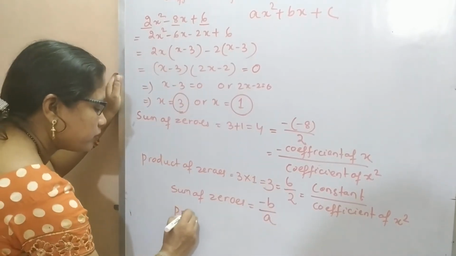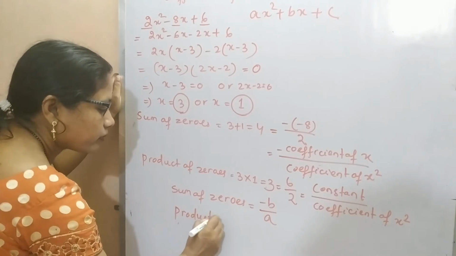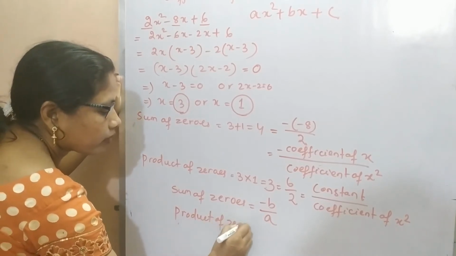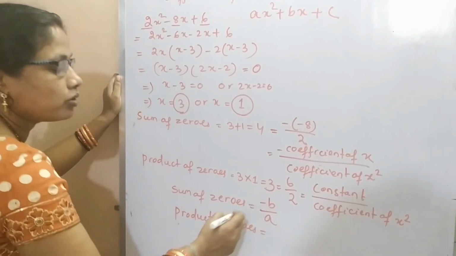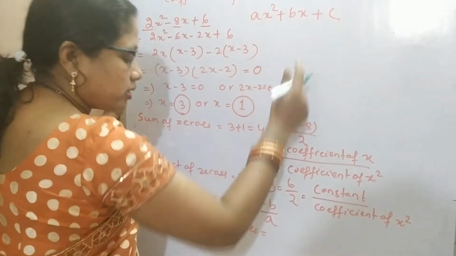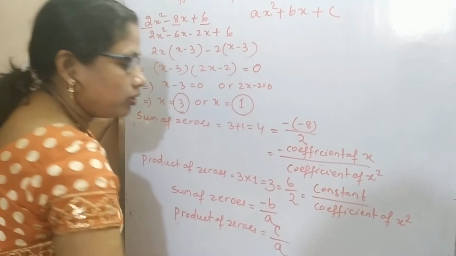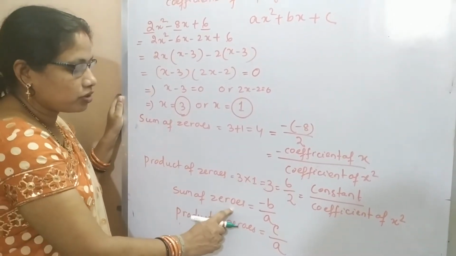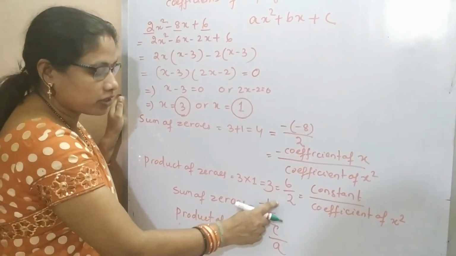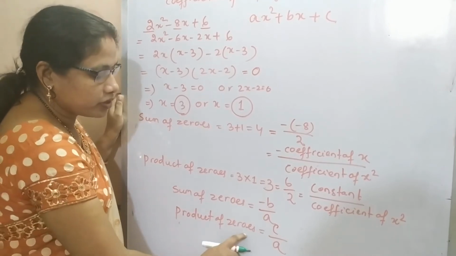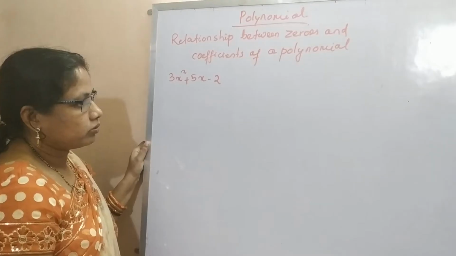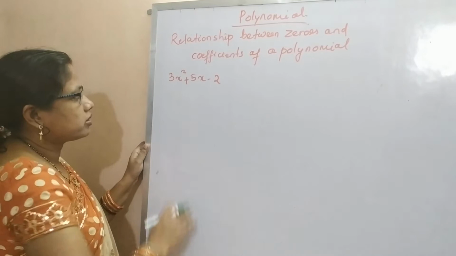Then product of zeros is equal to, what is the constant term here? c, divided by coefficient of x square, which is a, so c by a. So sum of zeros in a quadratic polynomial is minus b by a and product of zeros is c by a.